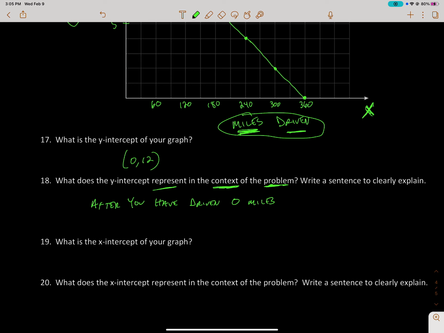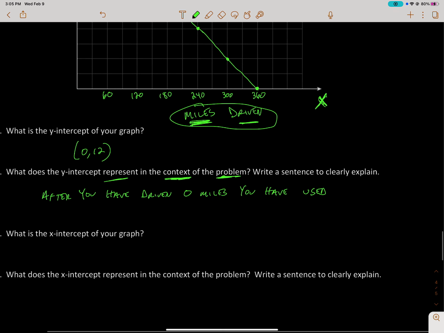After you have driven 0 miles, you have 12 gallons of gas remaining. All right, so that's one way to do it, and that's an acceptable answer.